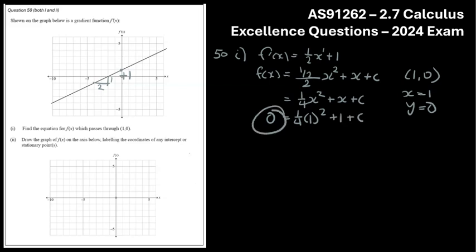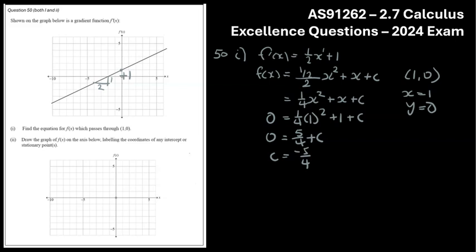Just a reminder, 0 is y, and you can see my x is being subbed in here. So 0 is equal to 1/4 plus 1, which is 5/4, so 5/4 plus c, which means c will be equal to -5/4.